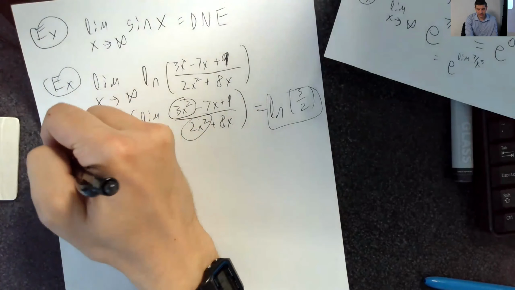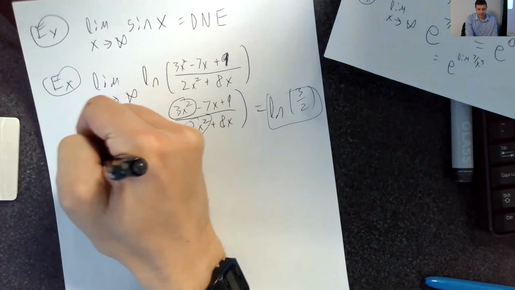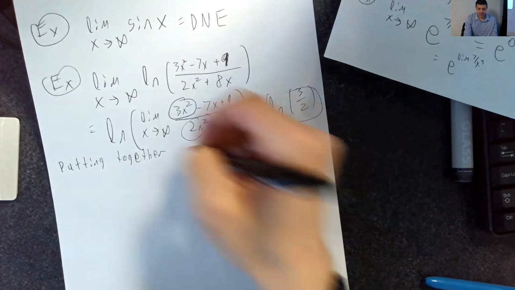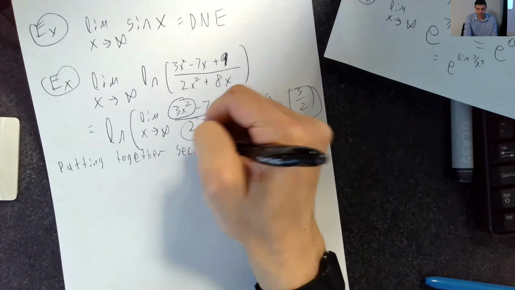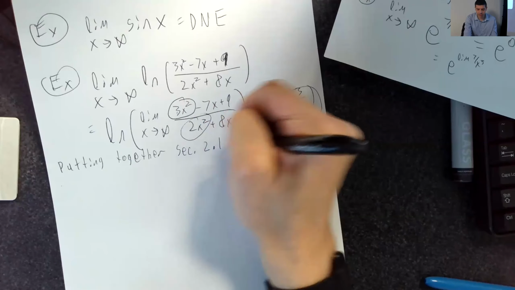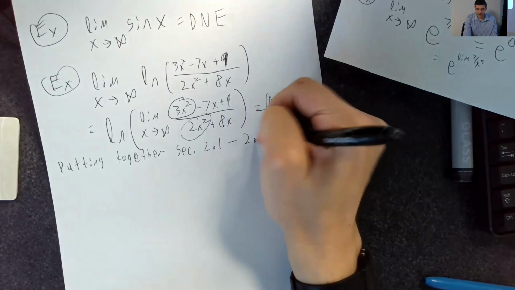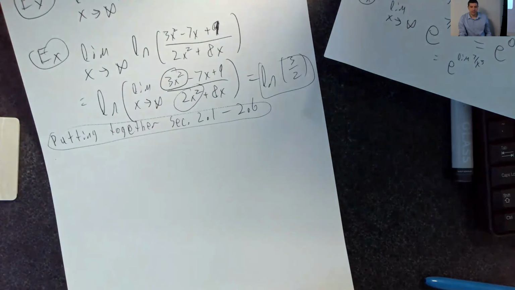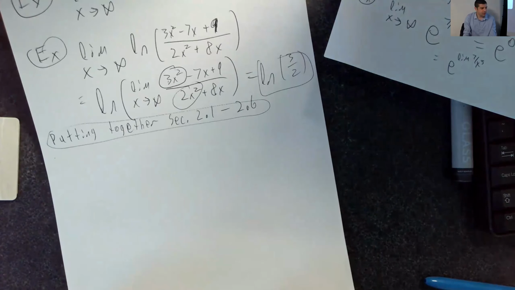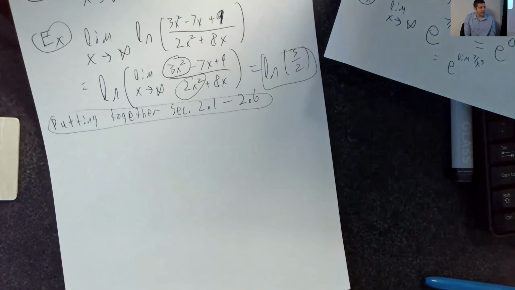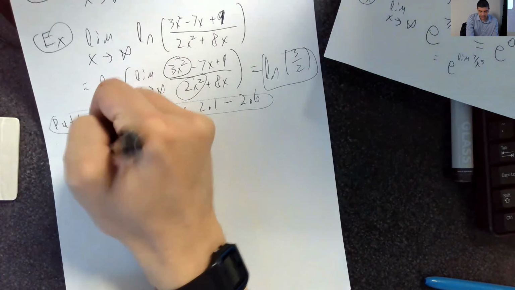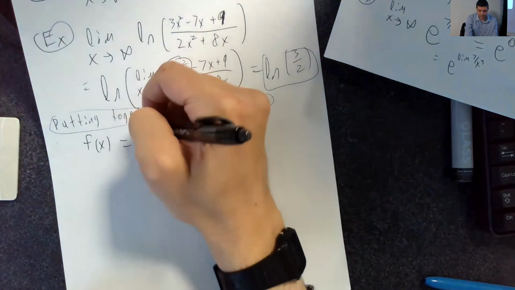Now let's put together all of sections 2.1 all the way up until now. So we can combine everything that we did. Now that we have every kind of limit, we can combine them all to figure out how functions look, how to graph functions.